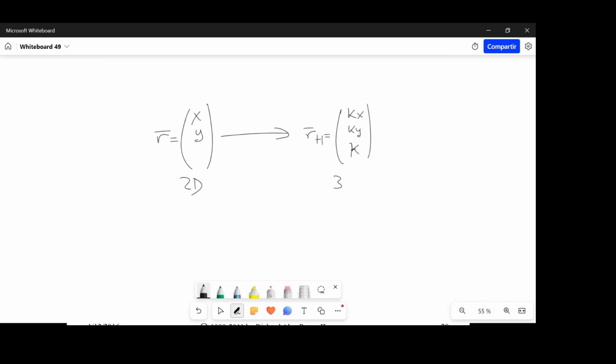This is 3D. This transformation is not unique. I can associate any homogeneous coordinate to the point by changing k. If k is equal to 1, I will have x, y, 1. This is equivalent.